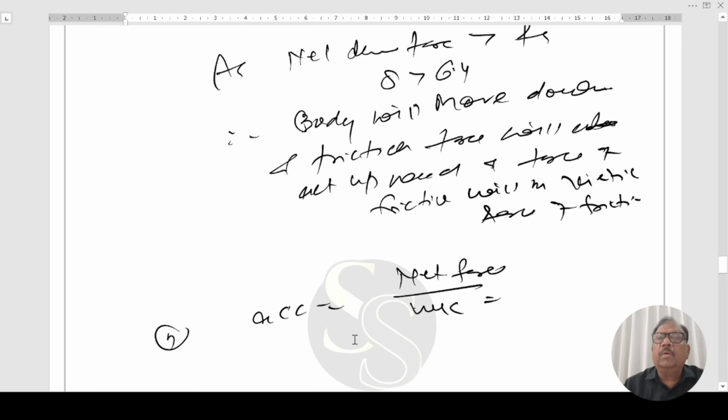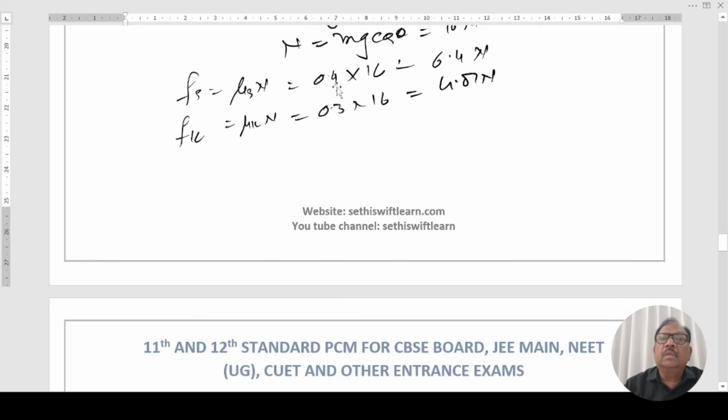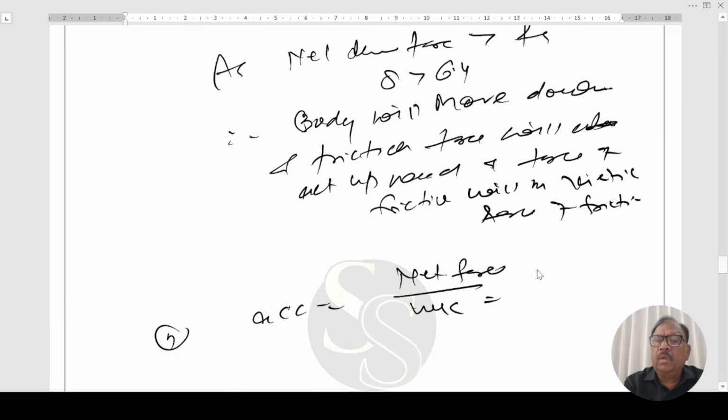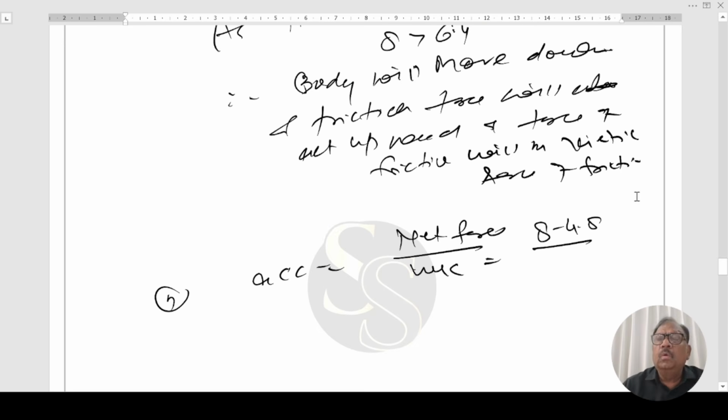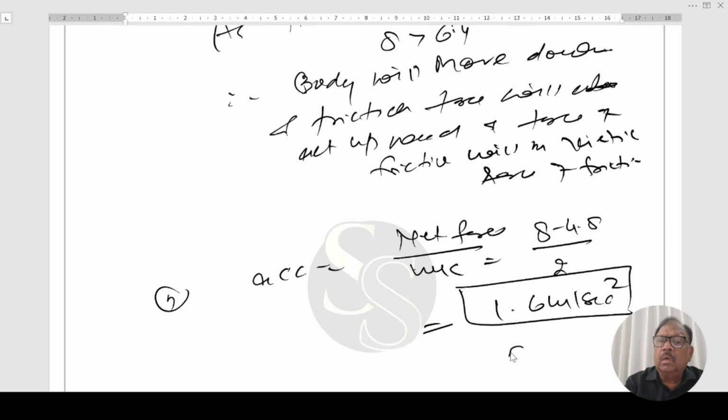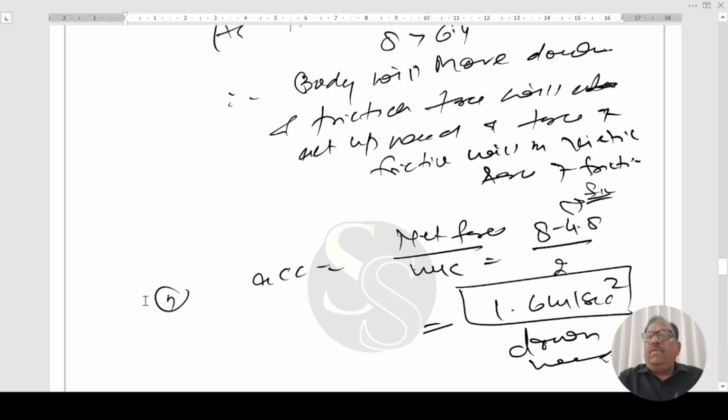What is the net force we have? 8 minus 4.8, divided by 2. On simplification, this comes out to be 1.6 meter per second square downward. In this case, we have taken the kinetic force of friction, Fk, because motion has started, right? And the friction force acting is equal to Fk, that is 4.8 Newton, right?